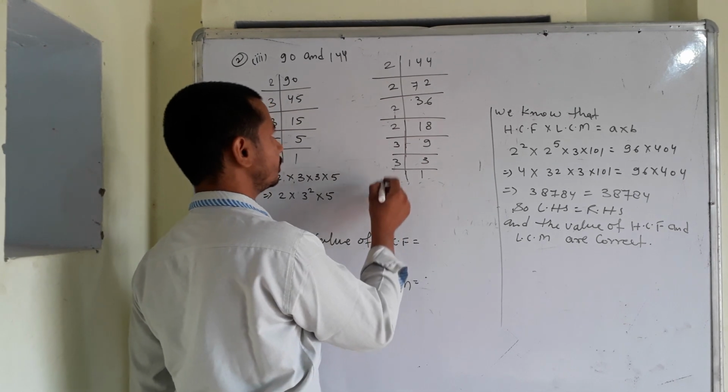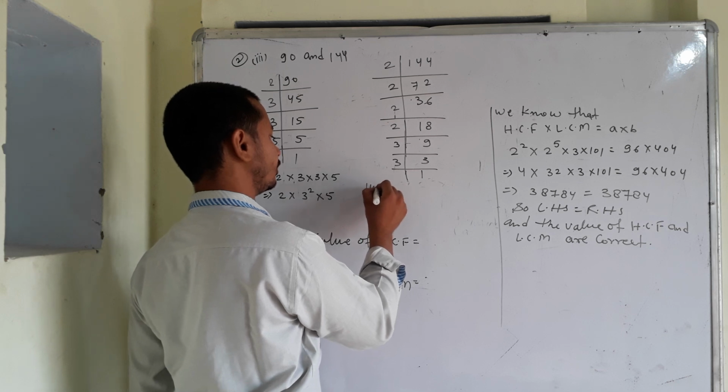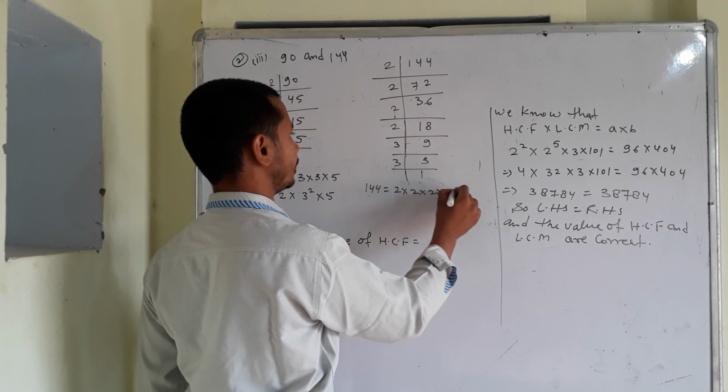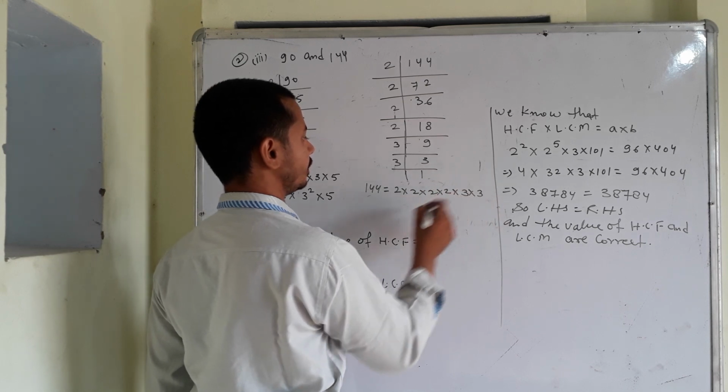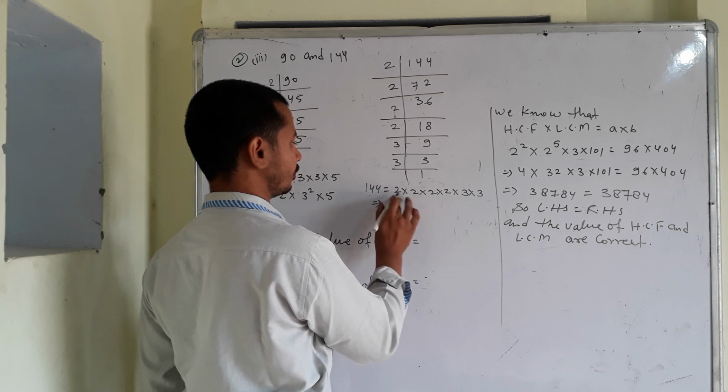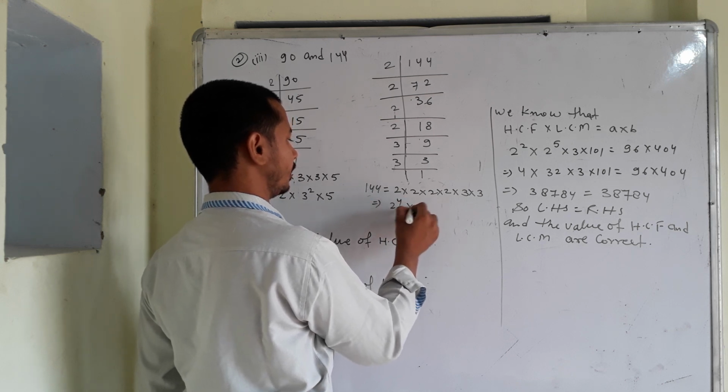So we find the factors: 144 equal 2 multiply 2 multiply 2 multiply 2 multiply 3 multiply 3, and we can also write it in the form of 2 power 4 multiply 3 square.